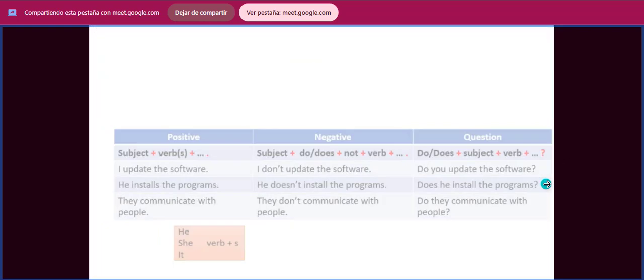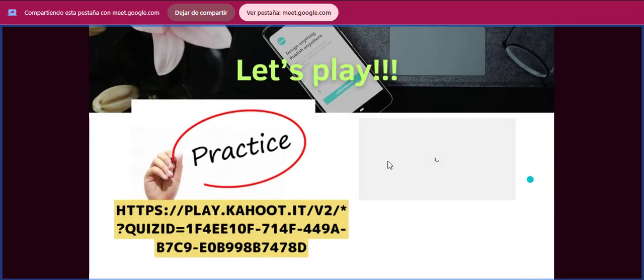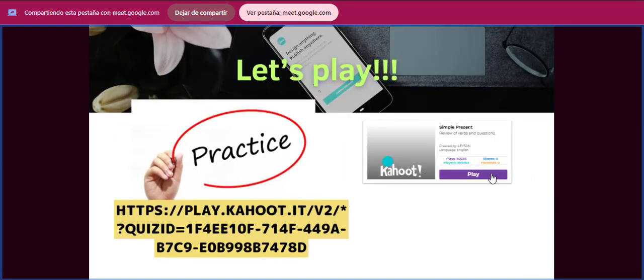So to check if you understood, what we are going to do is to play a Kahoot, and I will share the screen and the code for you to join the game.